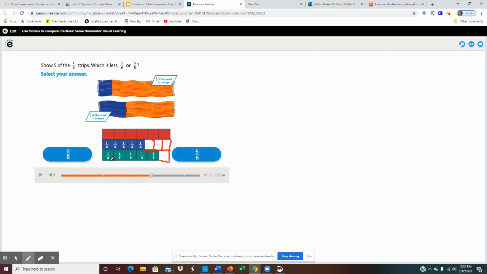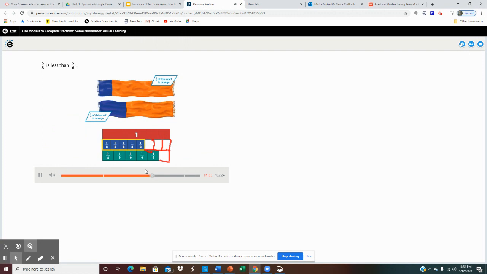And so we know that 5/6 of this whole is shown here with 5 1/6 pieces. So if you look at the two models, we know that the strip or the scarf that represents 5/8 is showing less than 5/6. So we're going to click on 5/8 is less than 5/6.